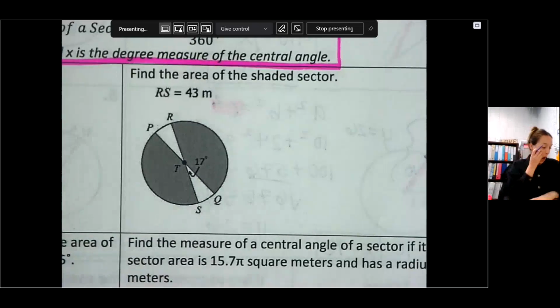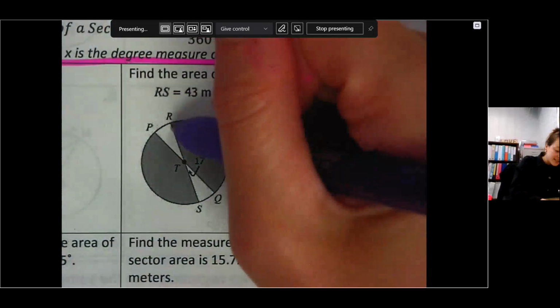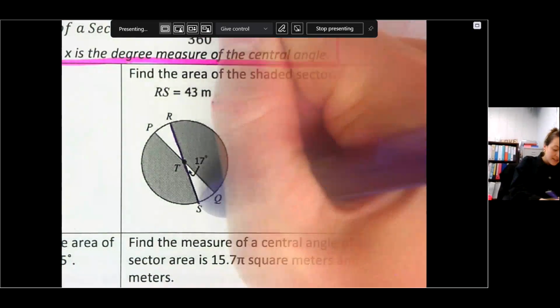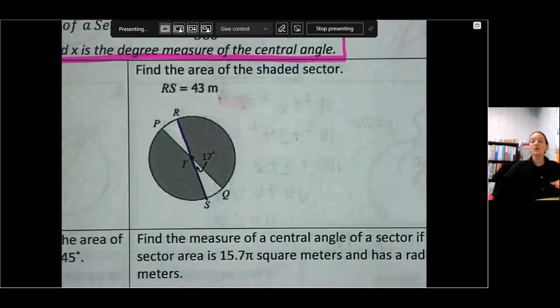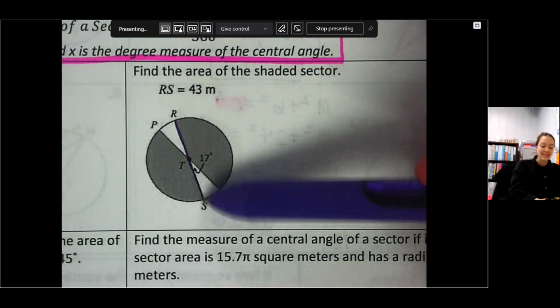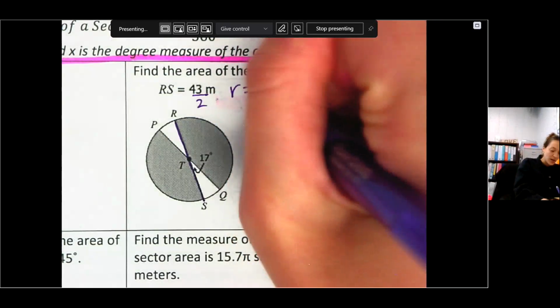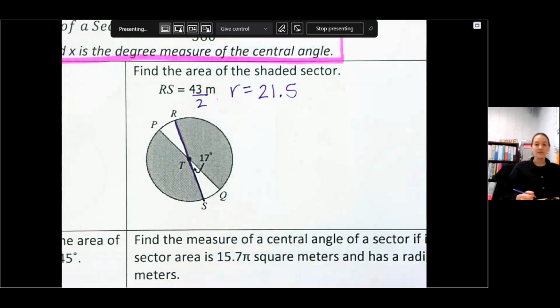I tell you that RS is 43. What would the radius be? How'd you get that? Divide it by 2. Good. So the radius is half of this number. So my radius is 21.5. Good.